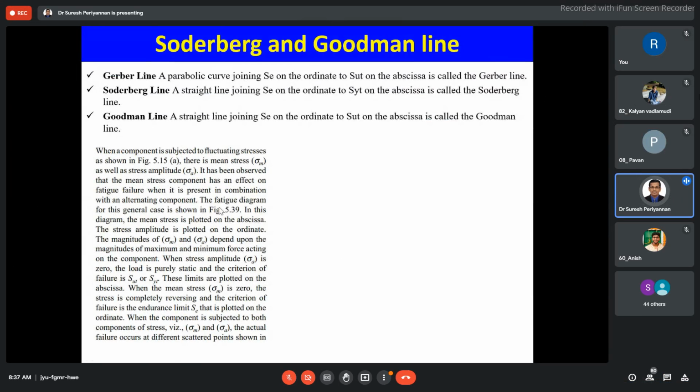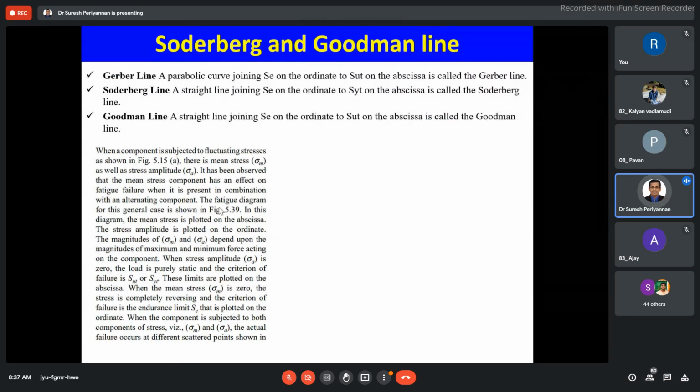Then based on that, we discussed a couple of problems, how to find out the total number of life cycles for the component when the component is subjected to different levels of stresses. So in the earlier case, we discussed a finite problem and the infinite problem, especially for completely reversed load, right?